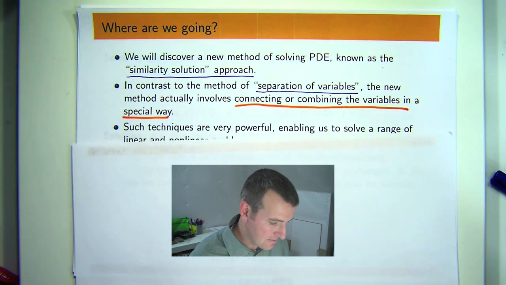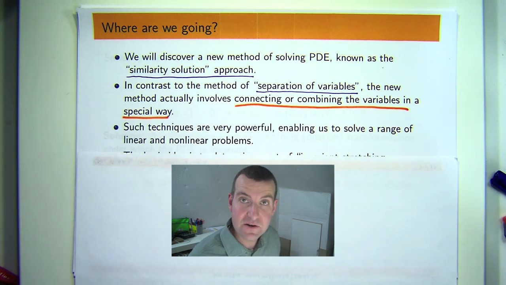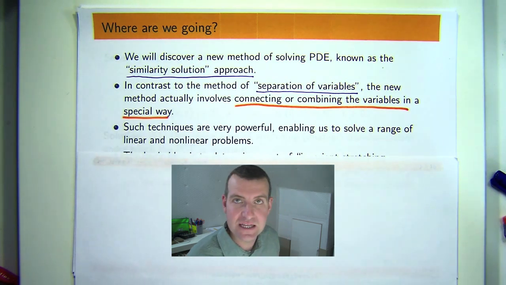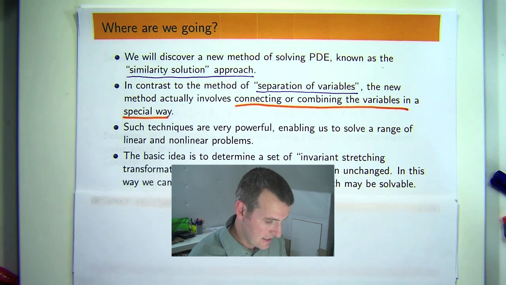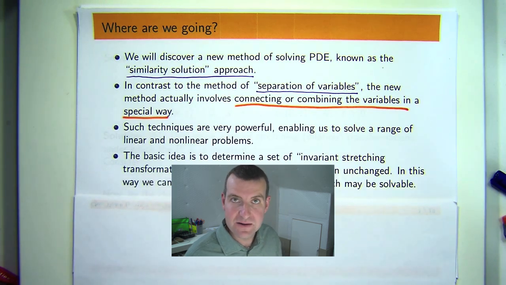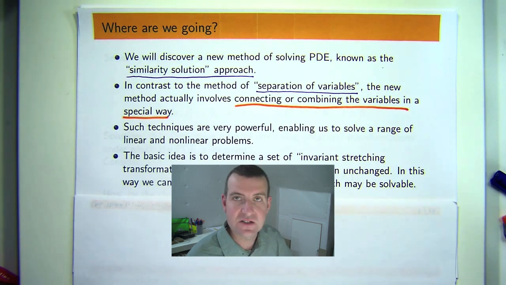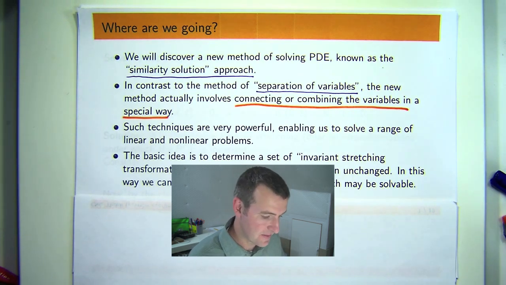Okay? Now, the method that we're going to see today is very powerful, mainly because it can solve both linear and nonlinear PDEs. In a nutshell, and I'll talk more about this later, the basic idea is to determine a set of invariant stretching transformations or dilations that leaves the original PDE in question unchanged.